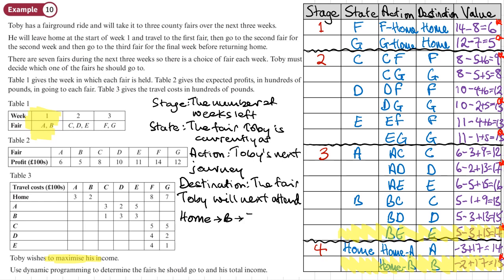Right, where does he go from E? So we go up here. So I can see it's going to be this one here, E to G. So we'll highlight that. So E to G. And then from G, he's going to go home, back home again.